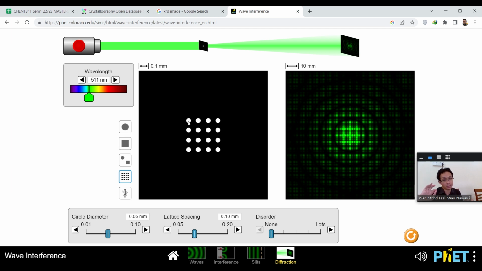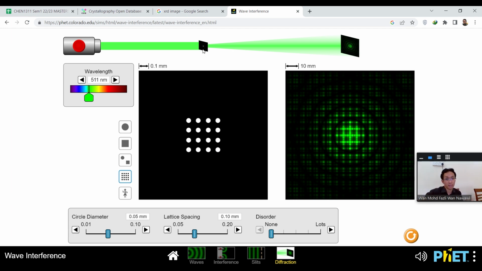Imagine the white dot is the atom. The atoms are in a very specific pattern. The distance between this and this is the same, and the distance between this and this is the same. So we can say that this represents a crystal.